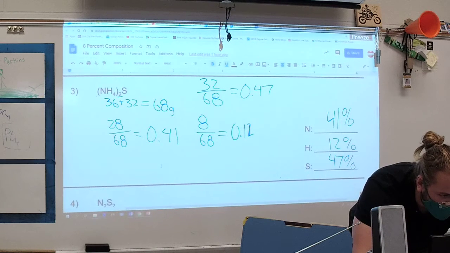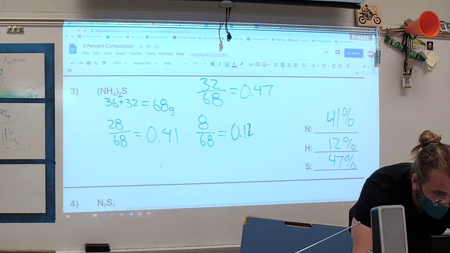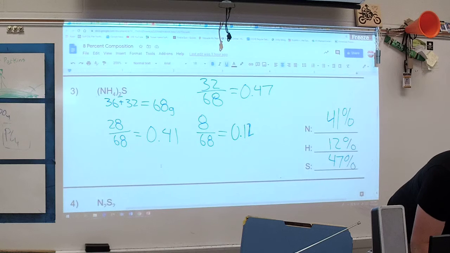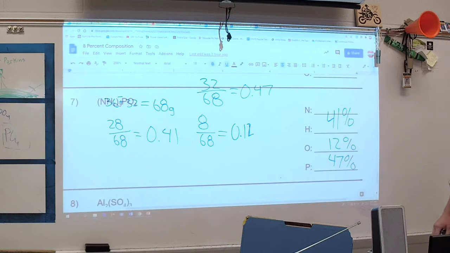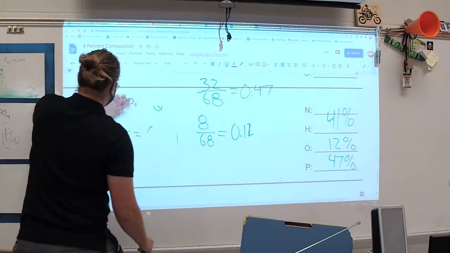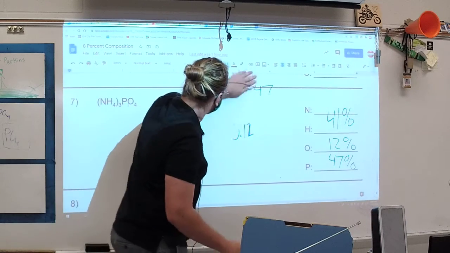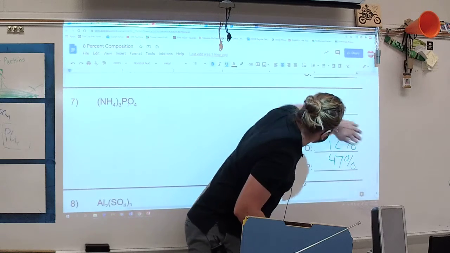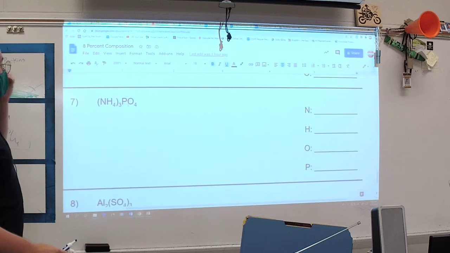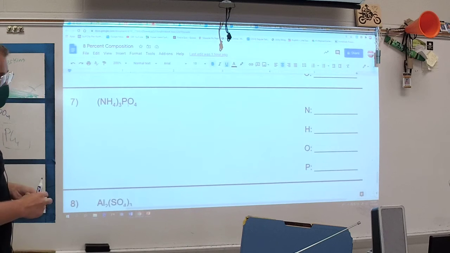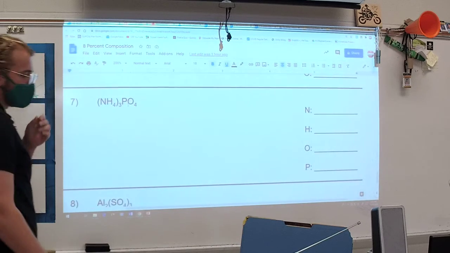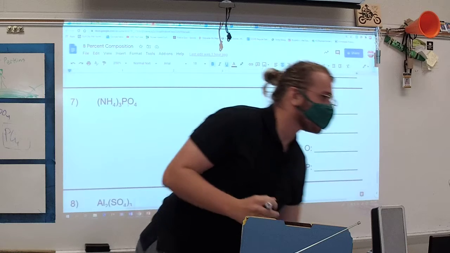Let's see if we can find a hard one here. All right, let's look at number 7. This one's complex. We have four different elements we're looking for here, four different things we have to keep track of. So first, what we always do, calculate the total weight.